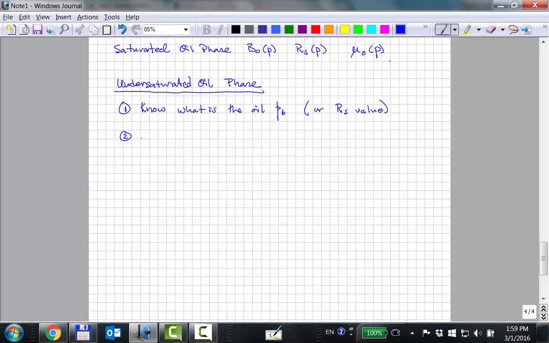The next thing is that at all pressures greater than that bubble point, the composition of the oil remains the same. It's undersaturated. It's constant composition.